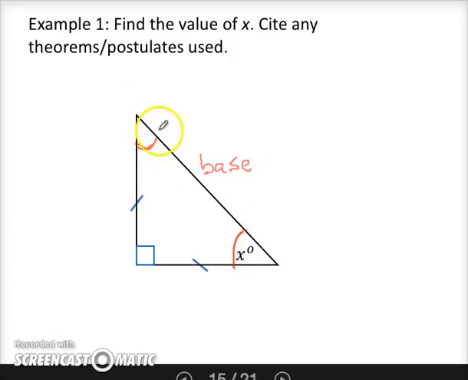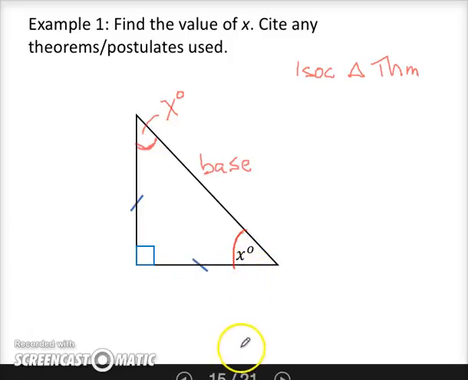And since we know that those two angles are congruent by the isosceles triangle theorem, if this angle is x degrees, I can also label this angle x degrees. So I've used the isosceles triangle theorem already. Now, I can see that all three angles of this triangle are marked.